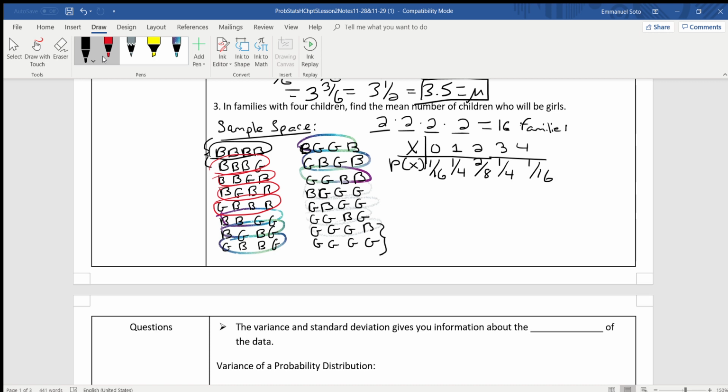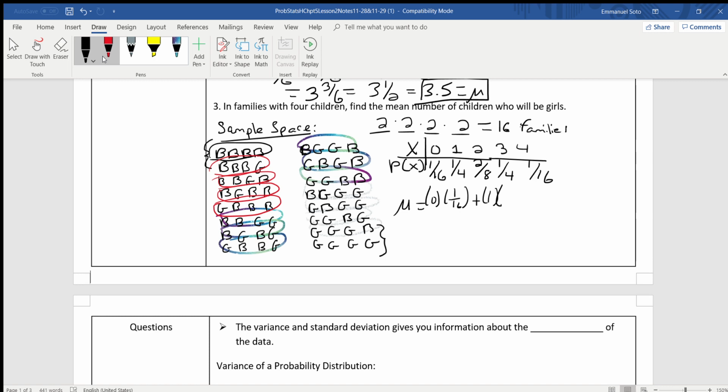All right, so then we can go ahead and calculate the mean. So we are going to simply multiply these. So 0 times 1/16, 1 times 1/4, which is the same thing as 4/16, 2 times 2/8. Wait a second, that doesn't make sense.